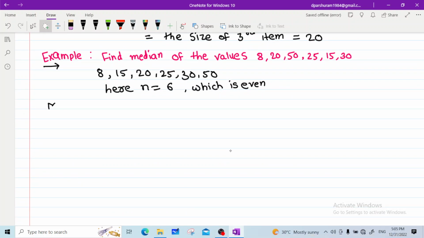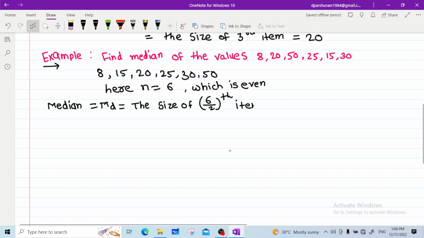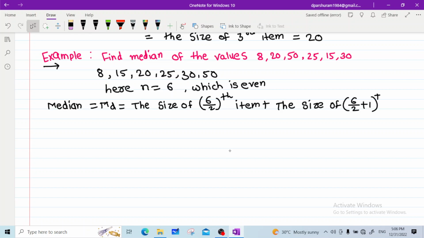Median MD is equal to the size of n by 2, that is, the value of n is 6, 6 by 2th item, plus the size of n by 2, that is 6 by 2 plus 1 item, divided by 2.